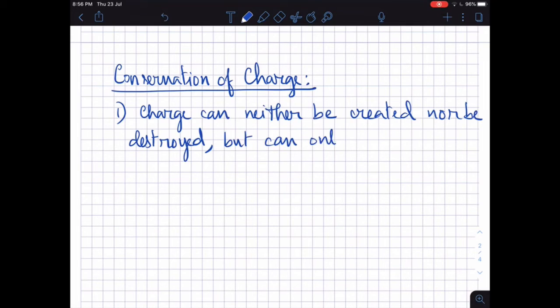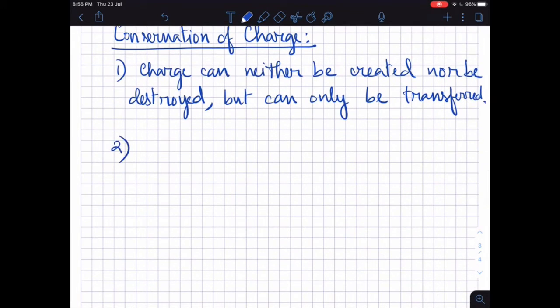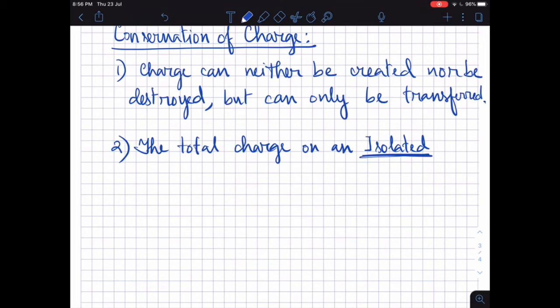Can only be transferred. And the second statement for conservation of charge is that the total charge on an isolated system, okay, isolated, this word is important, is constant.